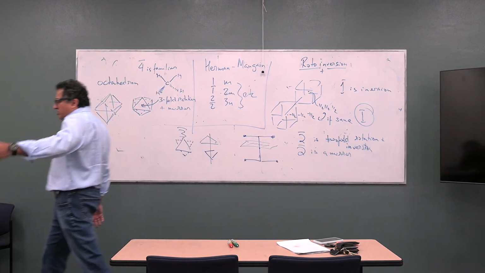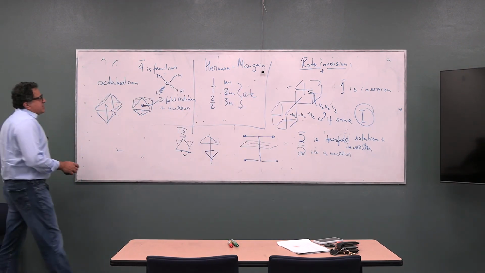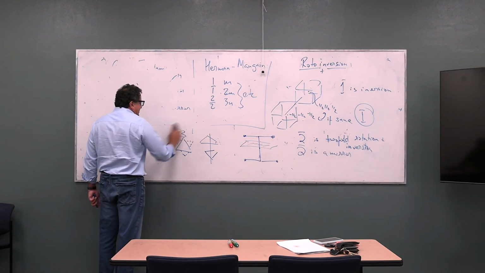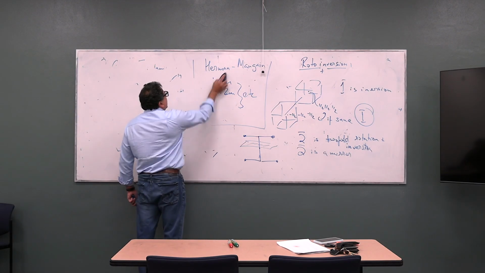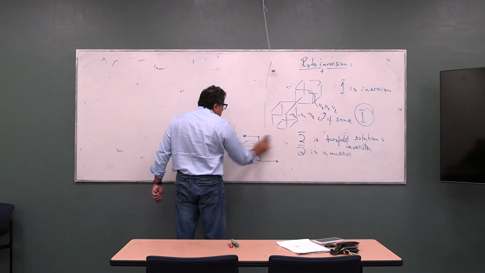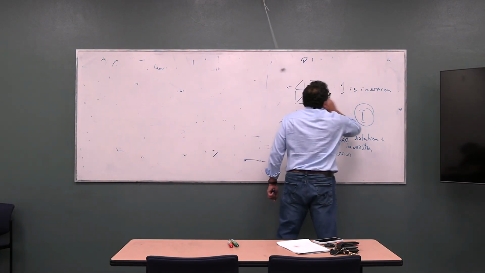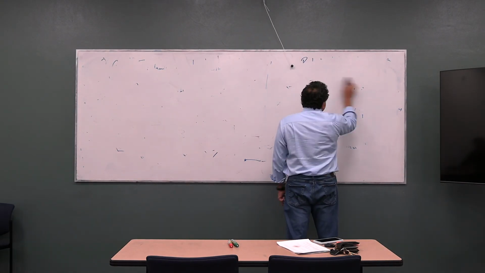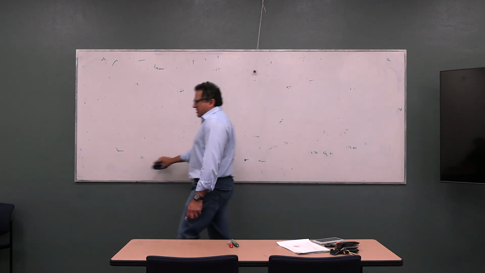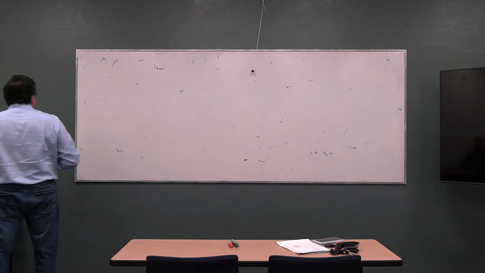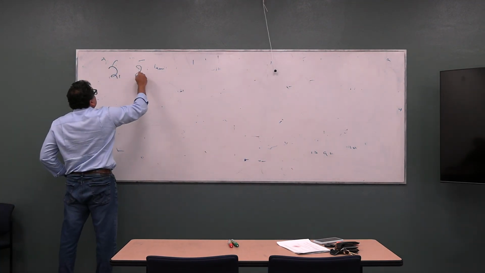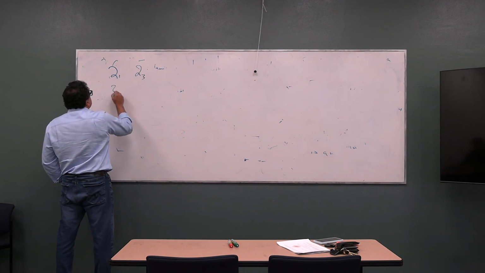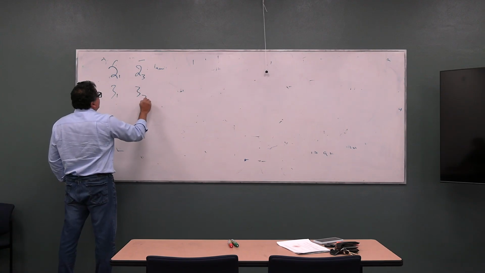So the other thing which becomes important in 3D are screw axes. Screw axes are shown with subscripts. So typically, screw axes look like this. They look like 2, 1. We don't have a 2, 2. We do have a 3, 1. We don't have a 3, 2. We have a 3, 3.